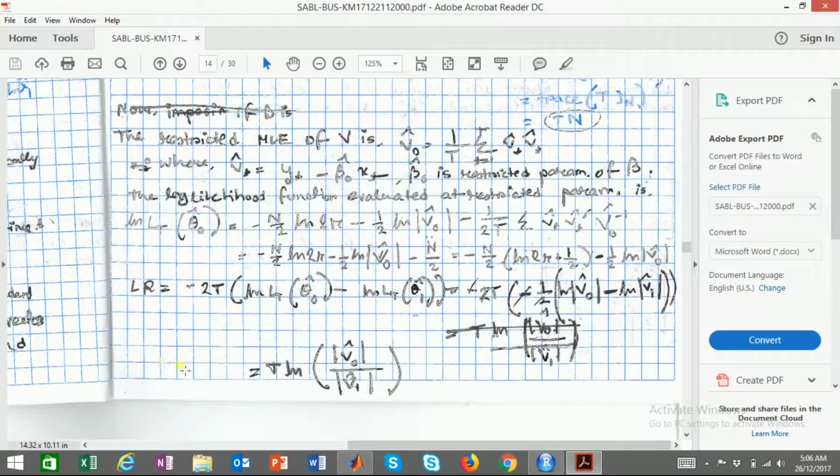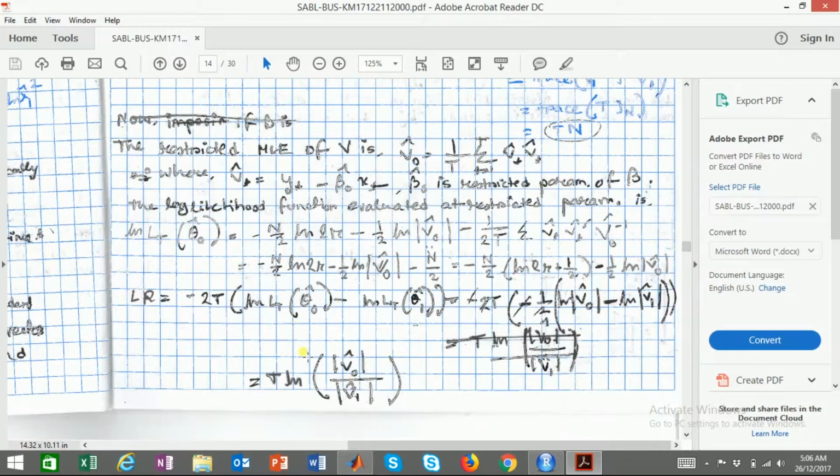So in the multivariate case it is t log v0 divided by v1, compared to the non-multivariate case, where it was t log sigma naught square divided by sigma 1 square. So, restricted divided by unrestricted, v0, the determinant of the covariance matrix, divided by the determinant of the covariance matrix v1. That's all.